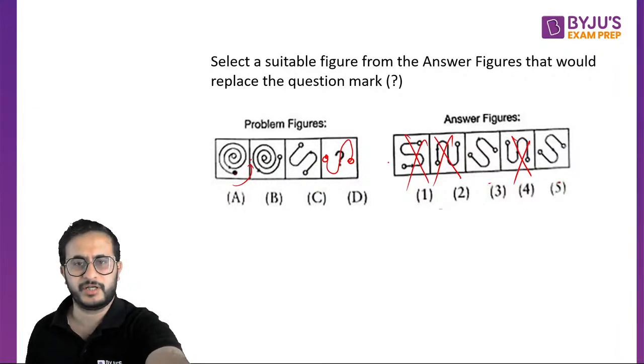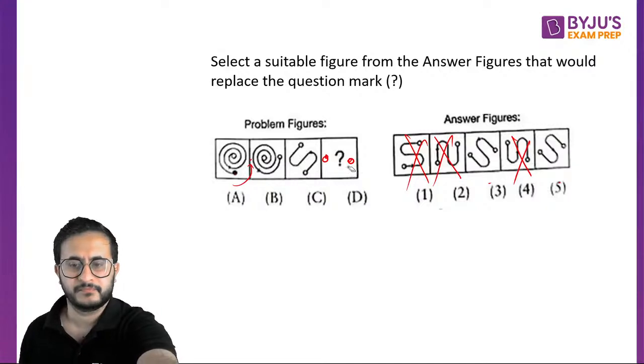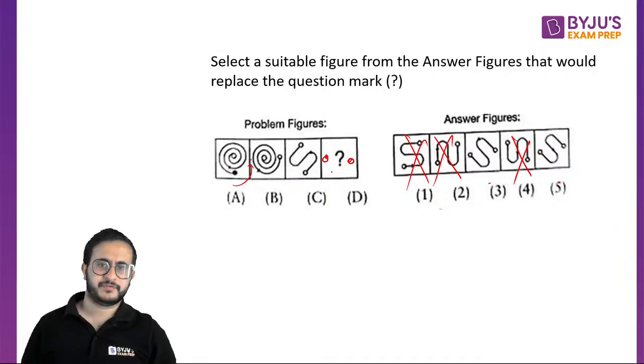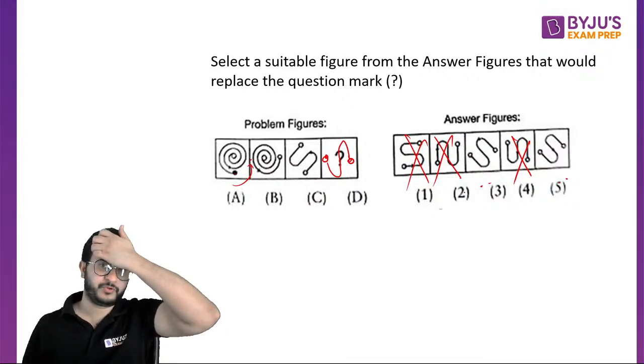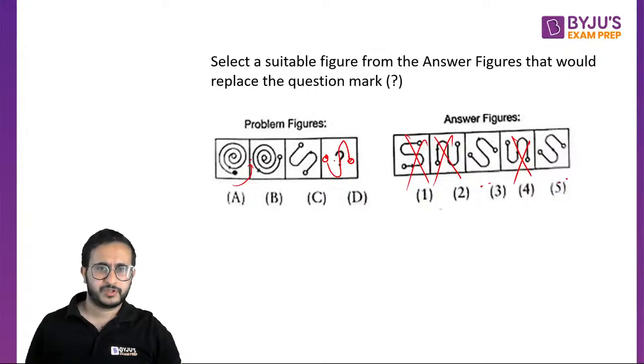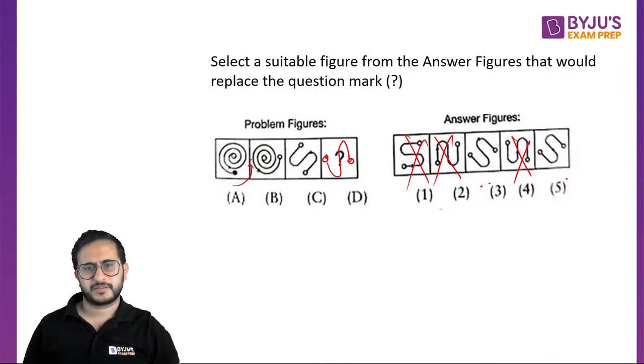So it will be somewhat like this. Slightly tilted one, like this. 3 or 5. Now you will have to look at the arrow. What is happening to the arrow? The arrow is not clearly visible in this. Is it pointing this direction?